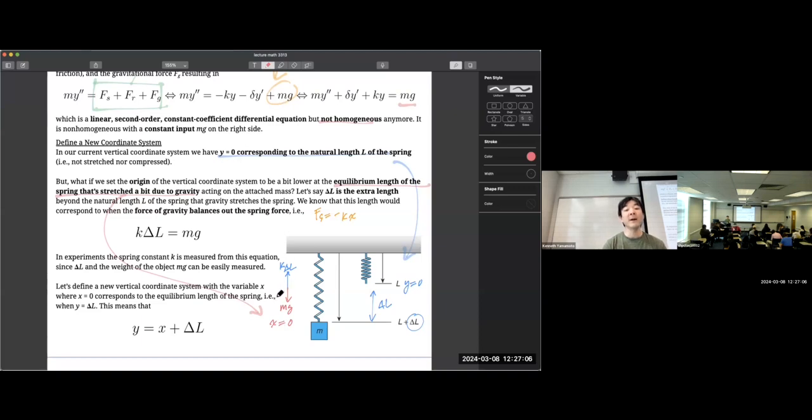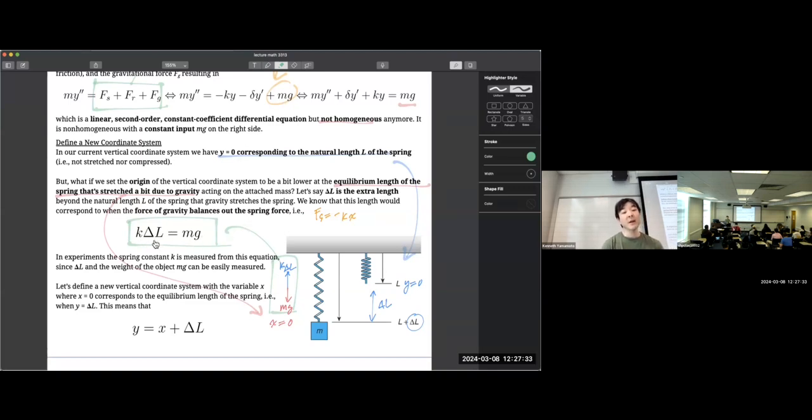There's going to be a point where they're in balance with each other, and that force balance is this right here. These two are equal to each other: K delta L and mg are in opposite directions, but equal. That'll give you your delta L, the extra length that your spring must have stretched due to gravity.